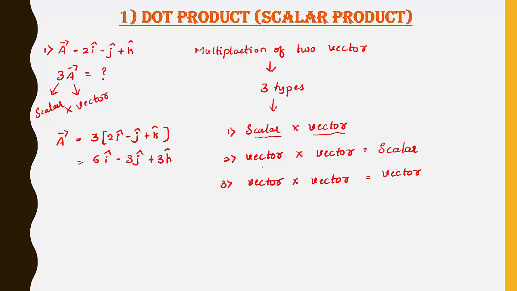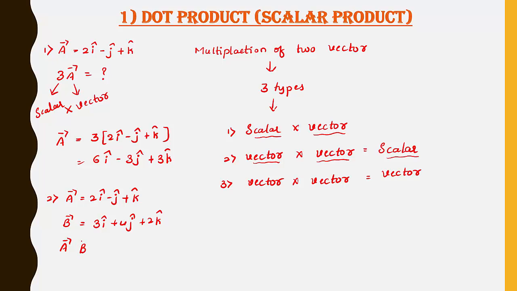Right, then come to the second type. Vector is multiplied with vector but the answer we got is a scalar. So for example, for the second type, let vector A be equal to 2i cap minus j cap plus k cap, and vector B equal to 3i cap plus 4j cap plus 2k cap. Vector A, vector B, I am going to multiply.